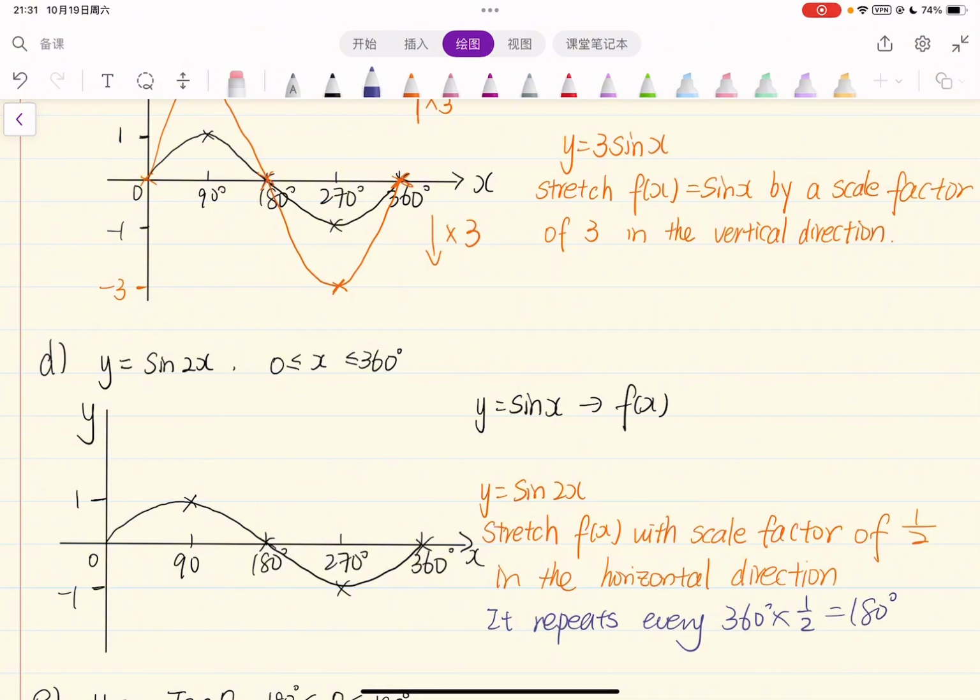The graph of sine 2x repeats every 180 degrees. So we can have that.